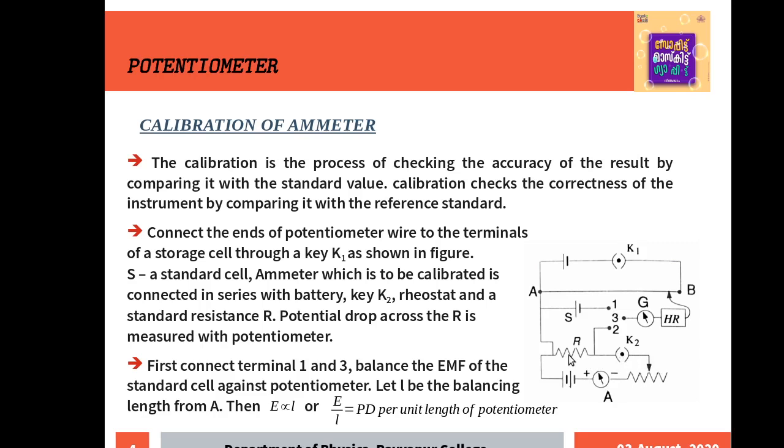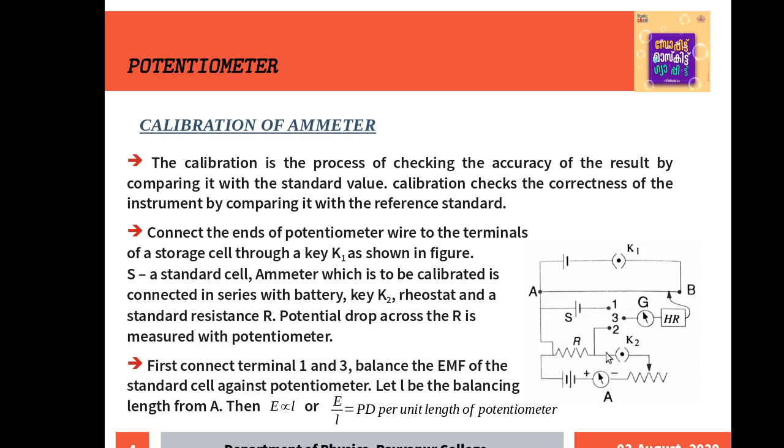So this ammeter is connected in series with this cell, resistance and rheostat. The rheostat is used to vary the current through this circuit, and we are taking the potential drop across R. For that we connected a resistance here.